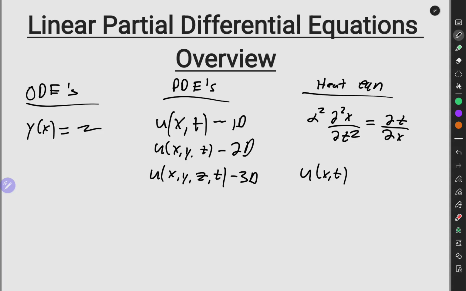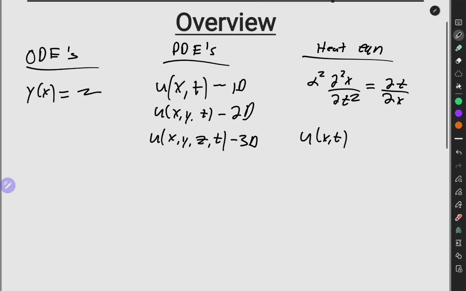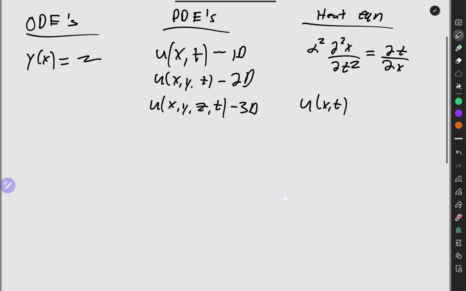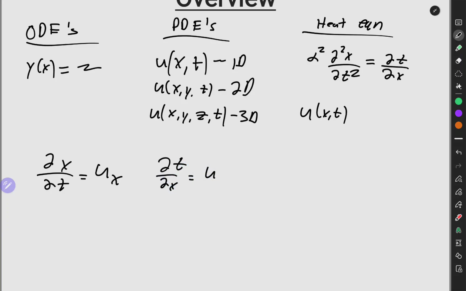So now, we're looking at linear partial differential equations, right? For example, we see this heat equation here. Before I get into that, let me show you a different form of notation that would make our lives easier. Typically what I do is I write this, for example, as u sub x, and this, for example, as u sub t.